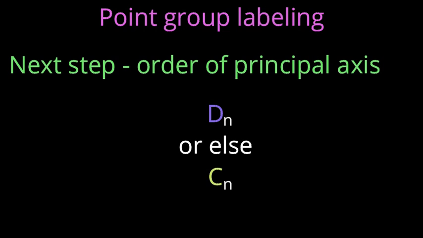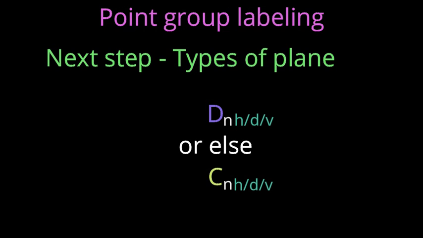Afterwards, types of plane present in the molecule will decide the further nomenclature. So 3 planes, horizontal, vertical and dihedral. Among them, a superior plane, powerful plane, which we need to emphasize, which we need to mention is horizontal.